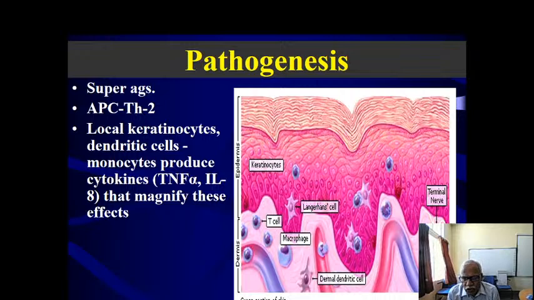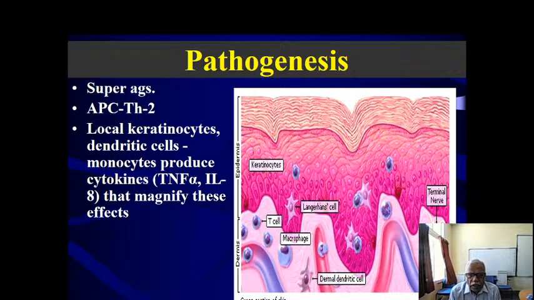So if you see the pathogenesis, as I told, it's all due to superantigens from staph, strepto, and some types of psoriasis also follow upper respiratory tract infections, sore throat, like streptococcus infection. So these superantigens are engulfed by antigen presenting cells. So these APCs trigger the T helper cells.